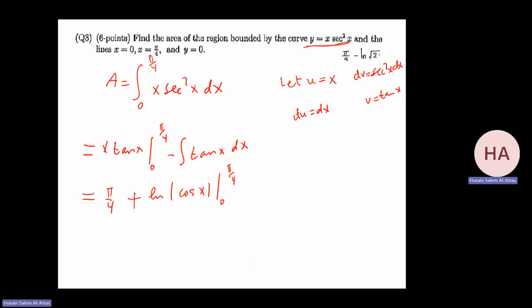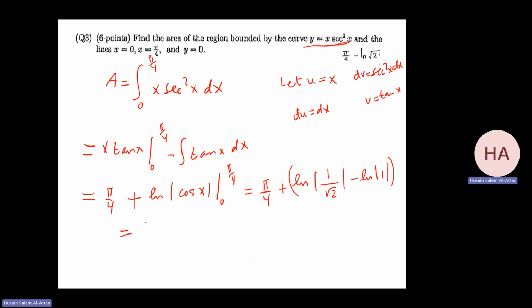Yeah, that gives me pi over 4 plus ln cosine of pi over 4, which is 1 over square root of 2, minus ln cosine 0, which is 1, minus ln 1.